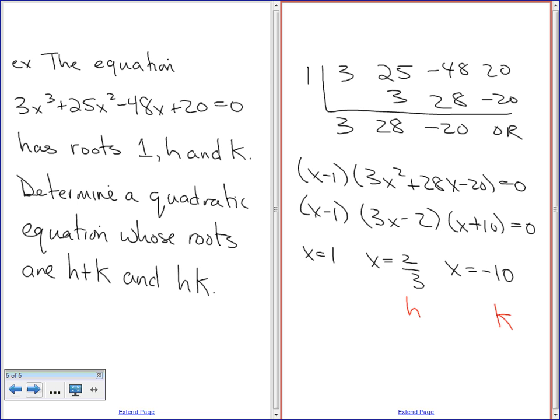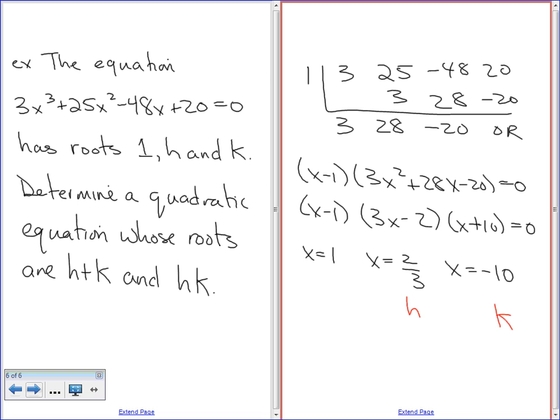But if this was h minus k, I would get two different answers: 2 over 3 minus 10, versus negative 10 minus 2 over 3. In that case you'd have to do two cases: case 1, h is this number and k is that number, and case 2, k is this number and h is that number.